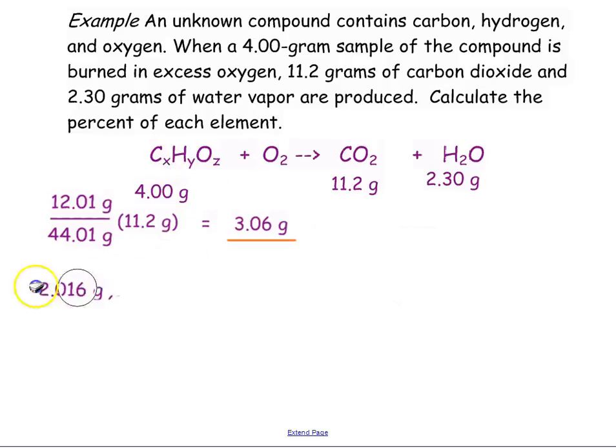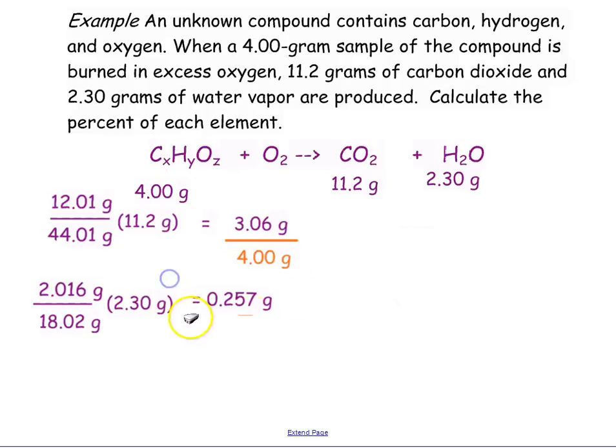And I can do the same with hydrogen. 2.016 grams of hydrogen for every 18.02 grams of water times the original amount of water means I have 0.257 grams of hydrogen in my water, which means I have 0.257 grams of hydrogen in my original compound.